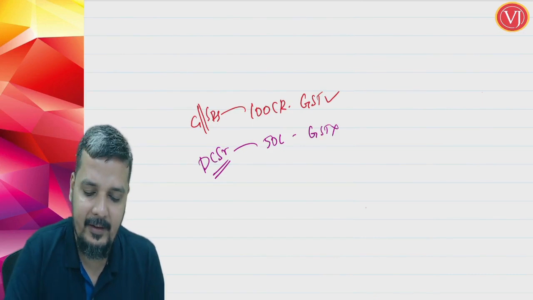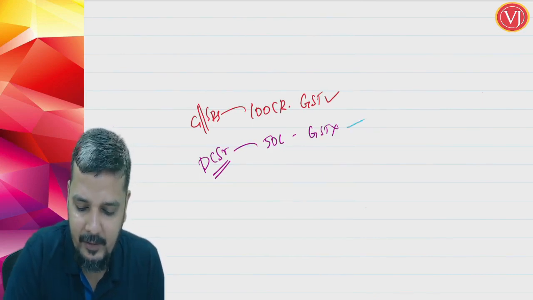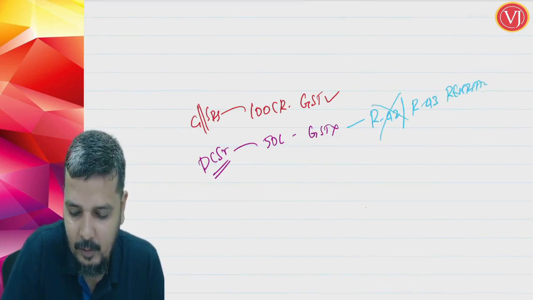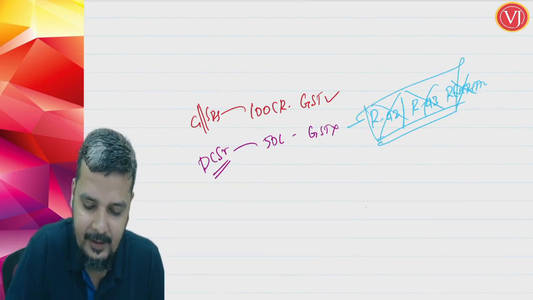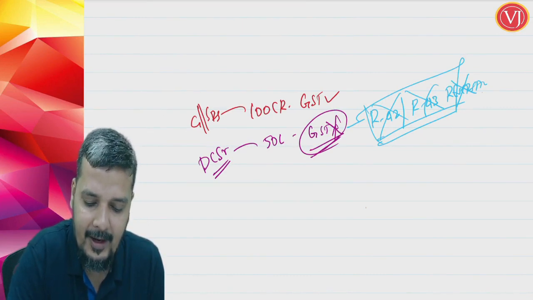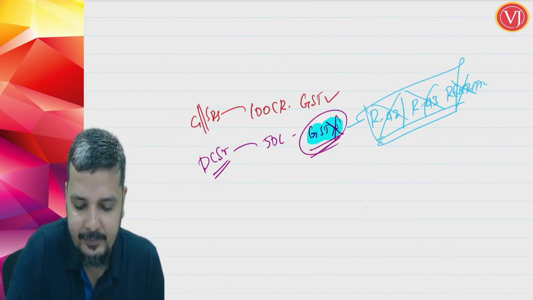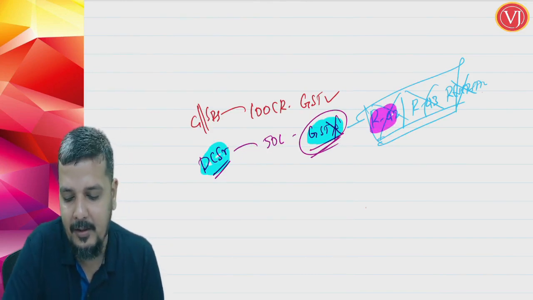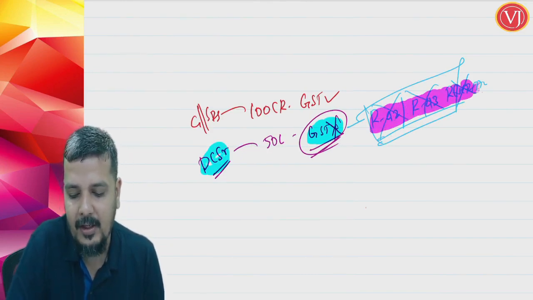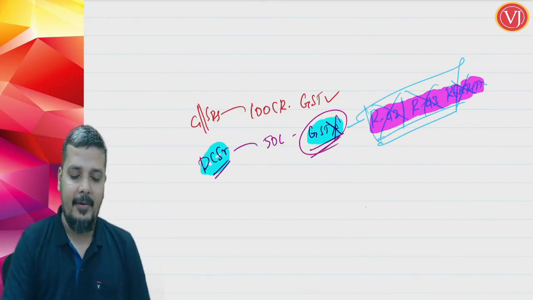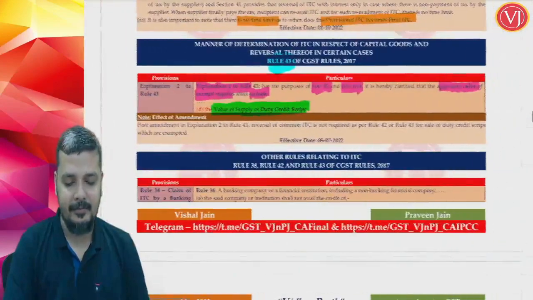Now technically it is exempt, but because of this I will not have Rule 42 or Rule 43 reversal. Though my duty credit scrip is technically exempt supply, there won't be any Rule 42, 43 reversal because of this exempt supply, because this is not included in value of exempt supplies. So that is the amendment which is there.